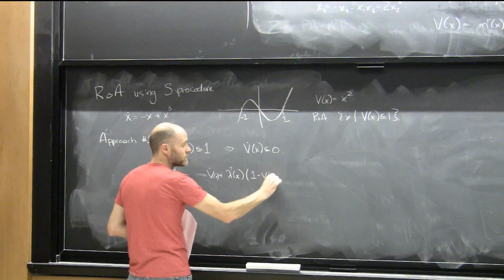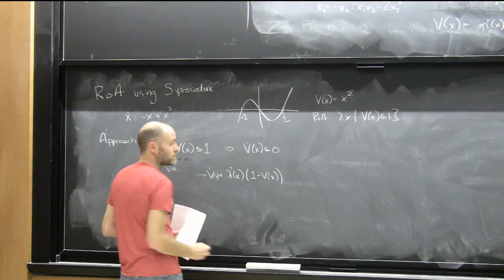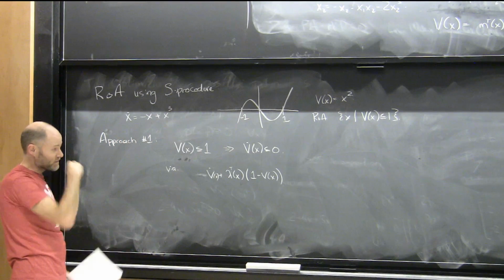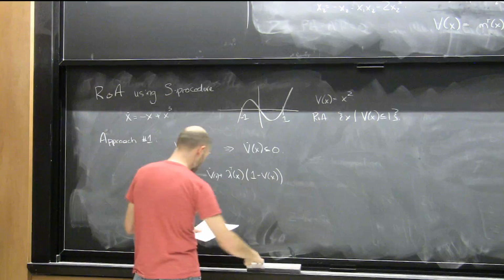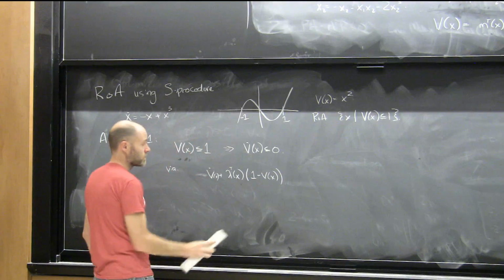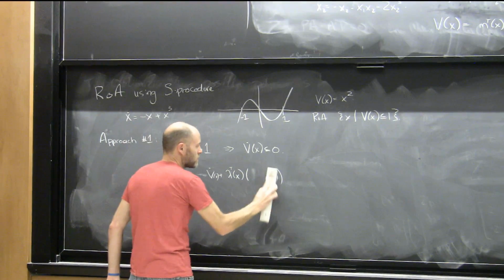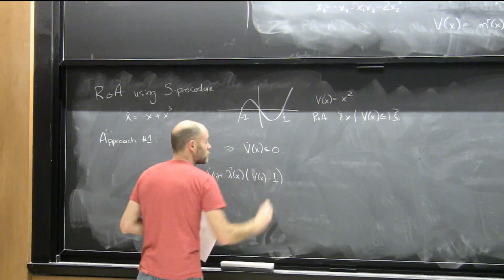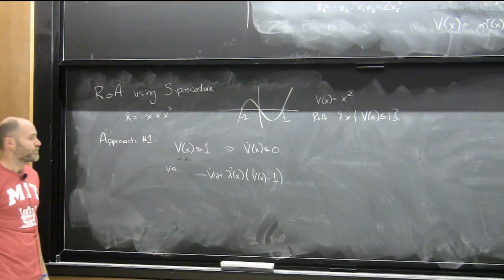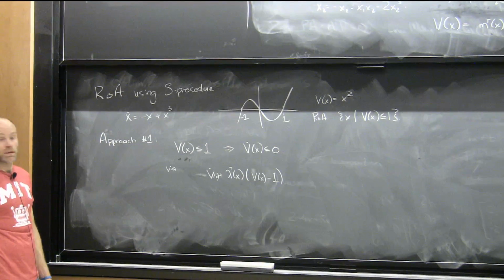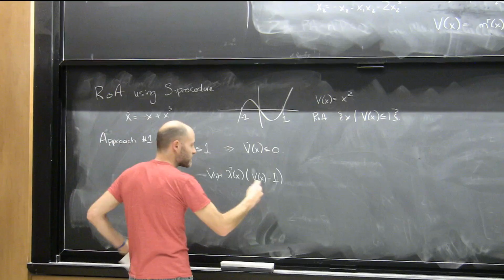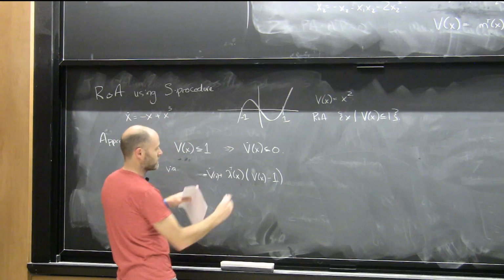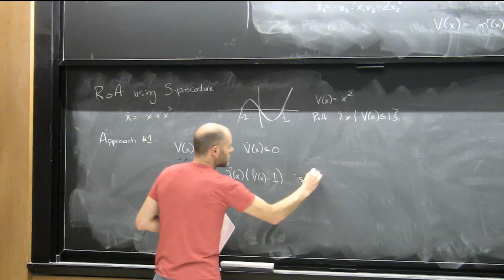So I'll do this. Nope. The opposite of that, right? V of x minus 1. Okay. I'd like this to be sums of squares.